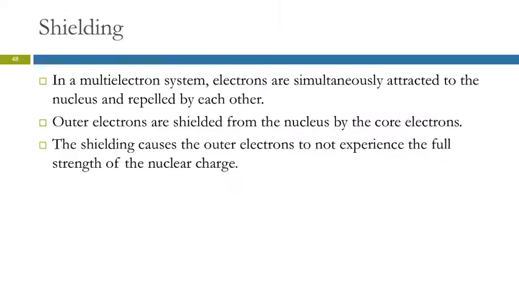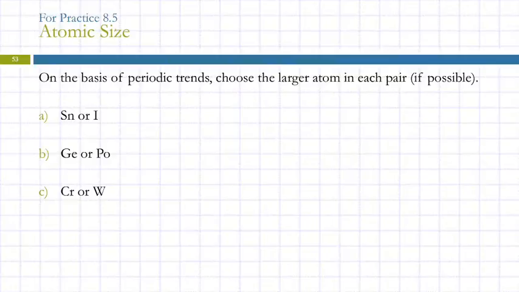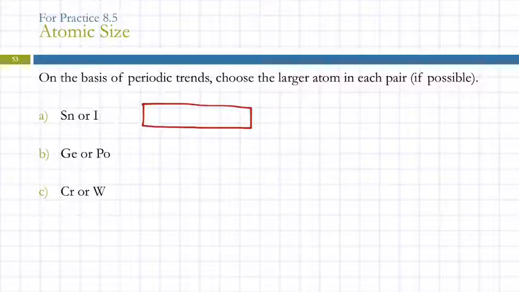So what might I ask you to do on an exam? I might ask you a question like this: on the basis of periodic trends, choose the larger atom in each pair if possible. Sometimes you can't, just on periodic trends, but let's look at these. We have to find these on the periodic table. So tin and iodine. They are in the same period.